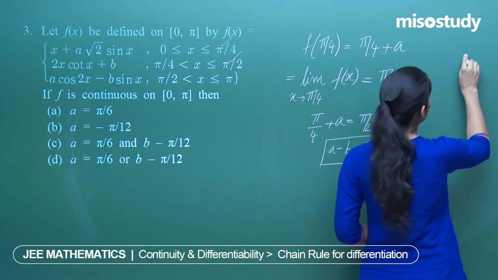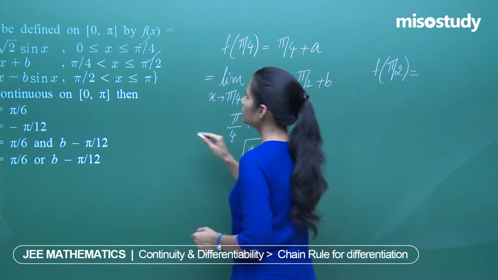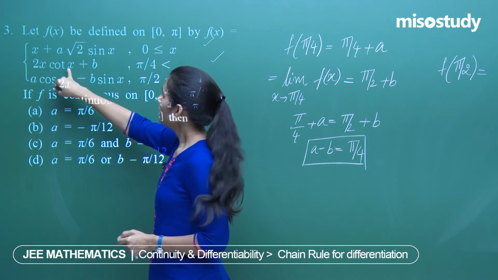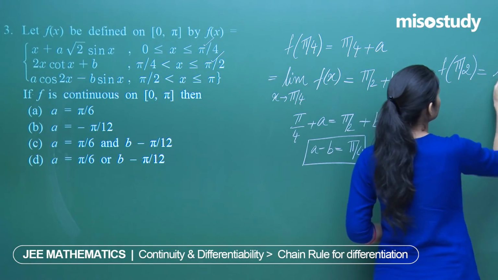Similarly, if I talk about the value of the function at the next point, that is π/2, what is it that I am getting? Cot π/2 is 0, so I am just getting b. So f(π/2) is b.